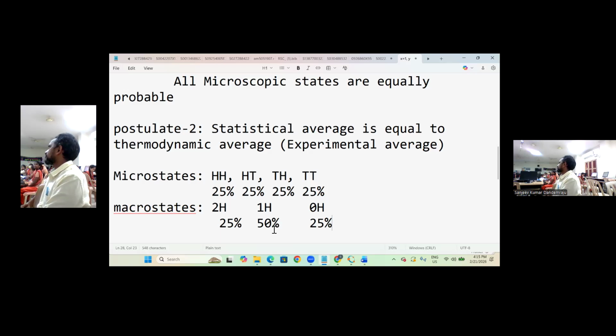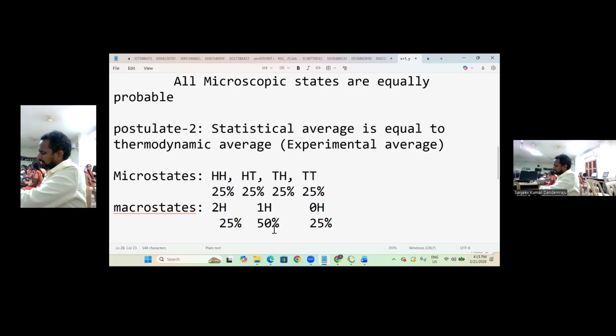So the things that we are measuring are macrostates, and they are controlled by microstates. So all microstates being equally probable is rule number 1, or postulate 1, of statistical mechanics.